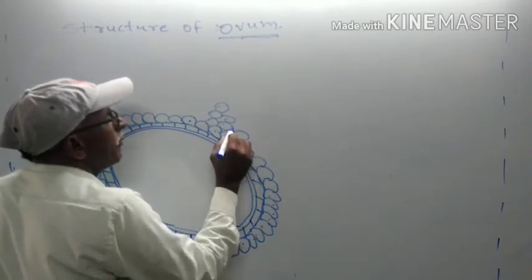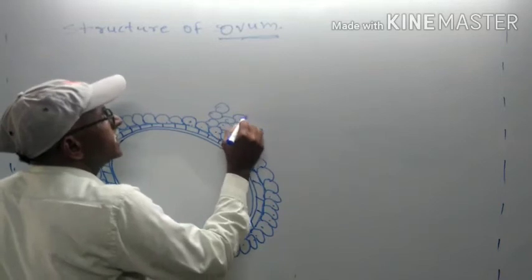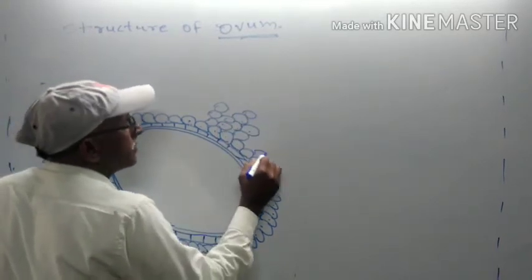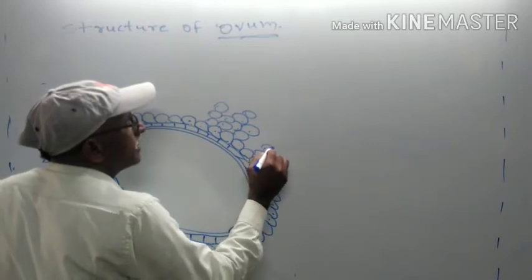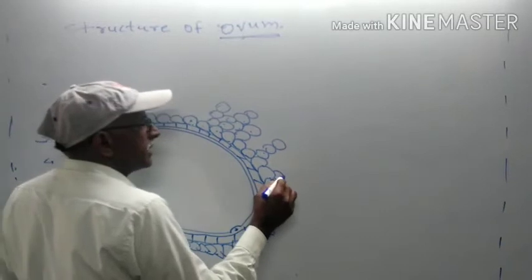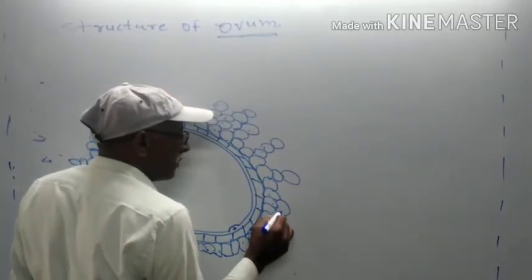But this ovum is arrested at the secondary oocyte stage. Meiosis second is arrested. Meiosis second gets completed when the sperm enters into the ovum.